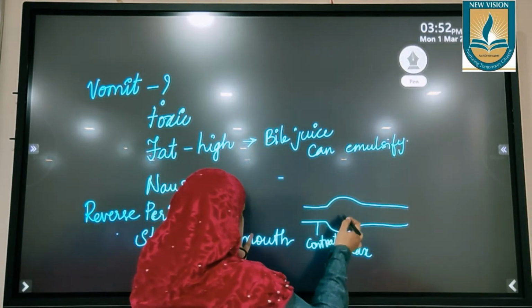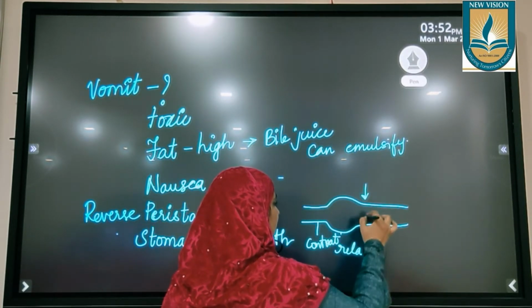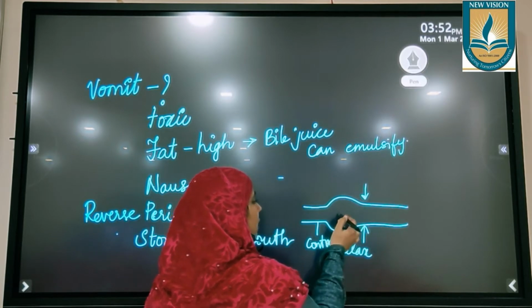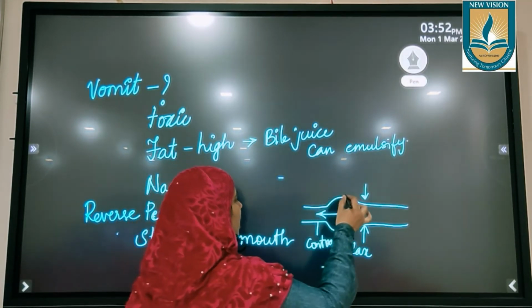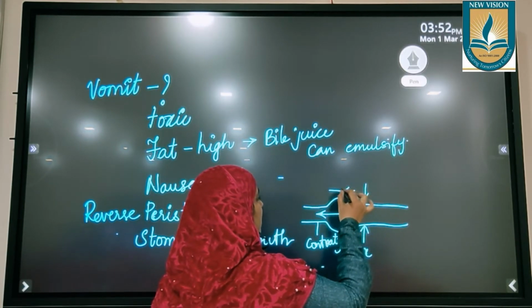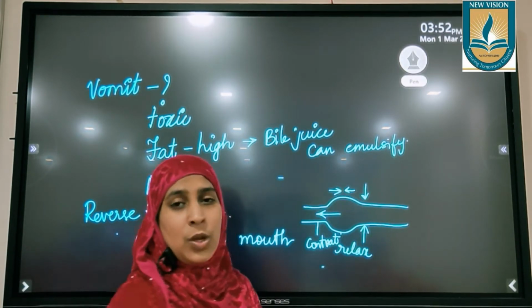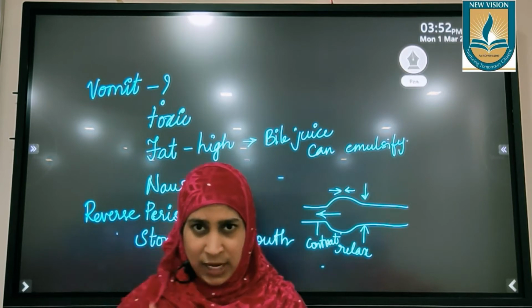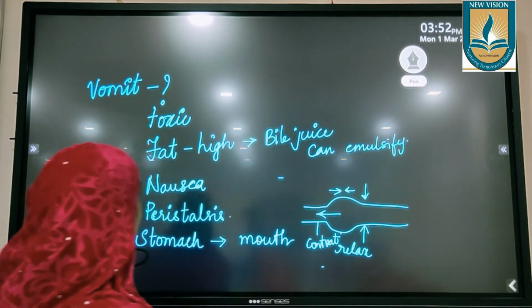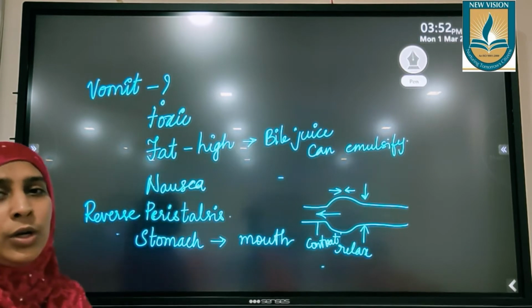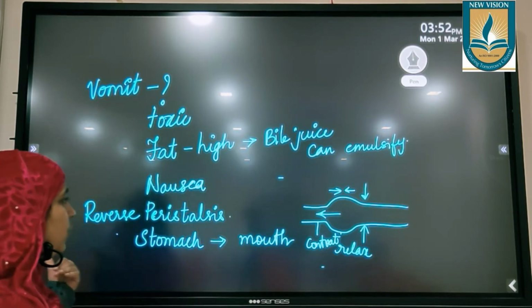But in reverse peristalsis, the contraction takes place and food is pushed in the backward direction. Longitudinal muscles are contracting in this region. So the entire peristaltic process takes place in reverse direction for vomiting to occur, and this is the reason for vomiting.